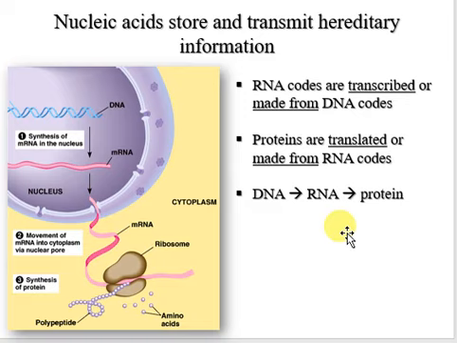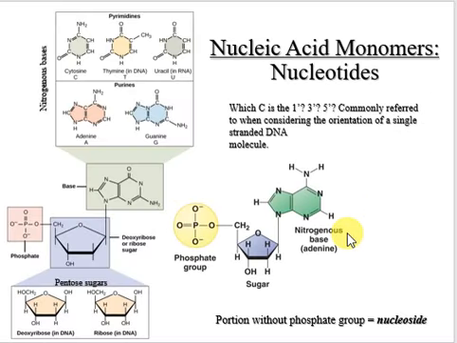So that's my dumbed down relay of transcription and translation, or how DNA and RNA are used in the synthesis of proteins. We'll get more into the nitty-gritty of transcription and translation when we go into our module on genetics. But for now, we're just talking about your basic nucleic acids.